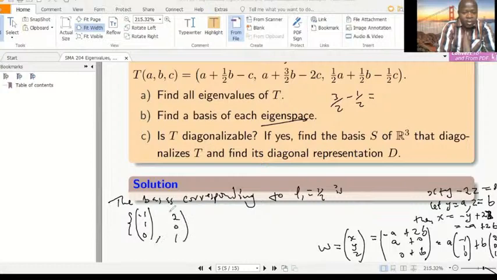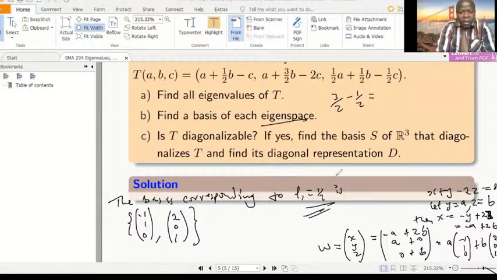So this is the basis. From our definition, this is the set of all the eigenvectors corresponding to that specific eigenvalue. So this is the basis corresponding to this eigenvalue.